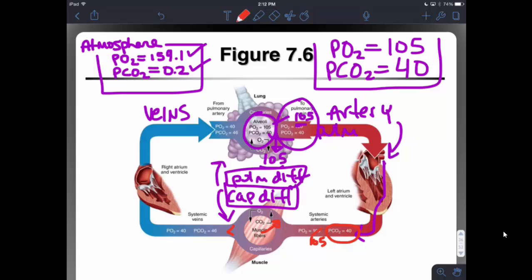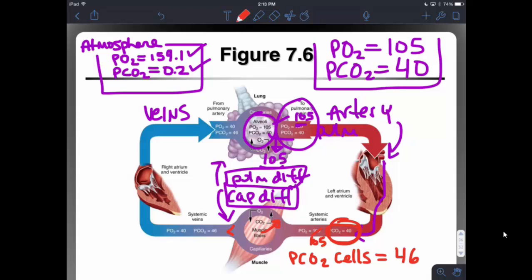Okay, and therefore, the PCO2 must be higher in the cell than it is in the blood. So the PCO2 in the cell must be higher than 40. Okay, and what we see is that the PCO2 in the cells at rest is about 46. Okay? And in that arterial blood, it's 40.